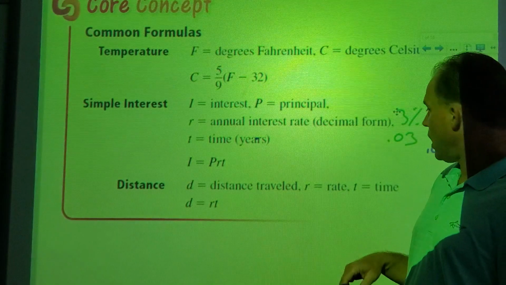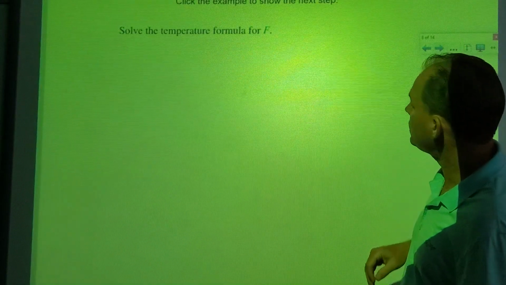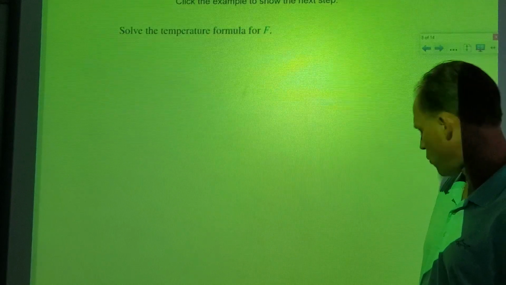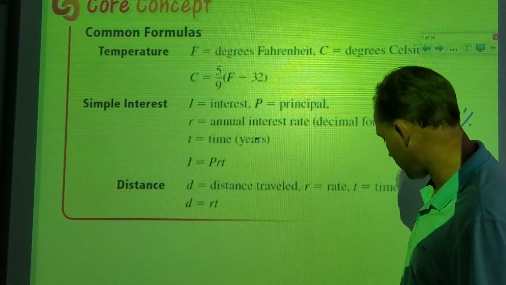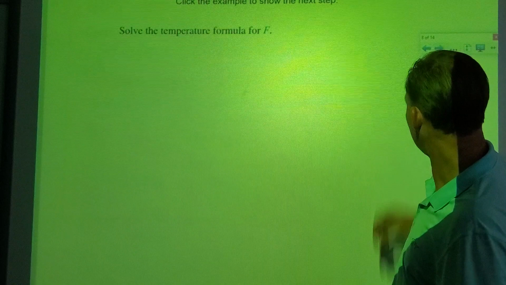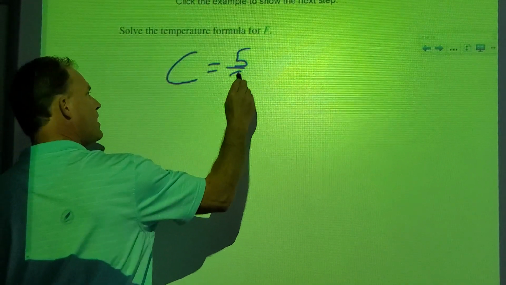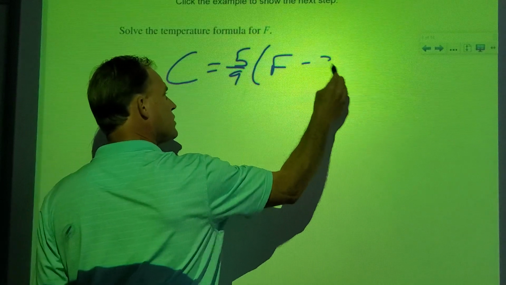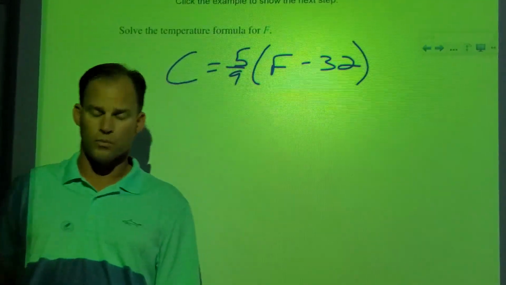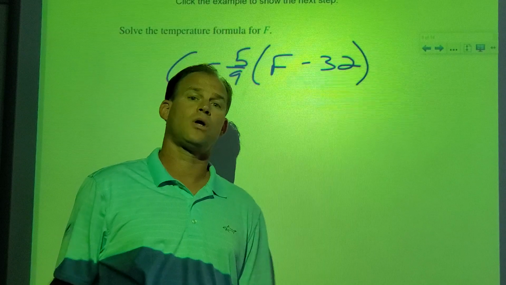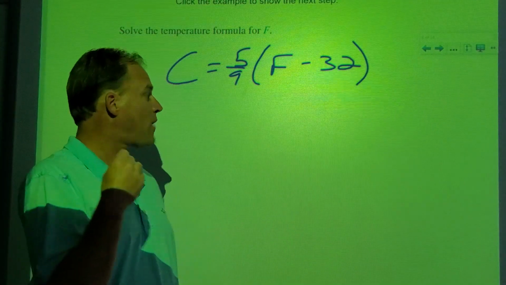So let's do one of these. Solve the temperature formula for F. So what was the temperature formula? C equals 5/9 (F minus 32). So going back to what we talked about a second ago, I see that fraction here.